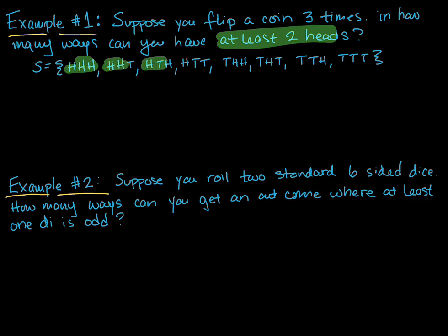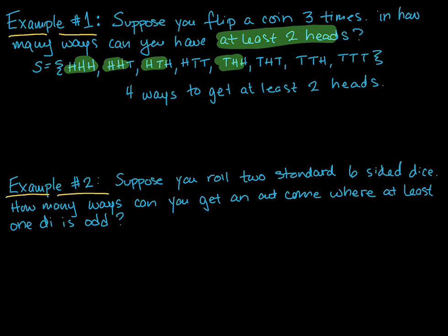This one has 2 heads, but the next one only has 1 head, so we're skipping that. That one has 2 heads, and then the rest of them don't have 2 heads. So here we have exactly 4 ways to get at least 2 heads.